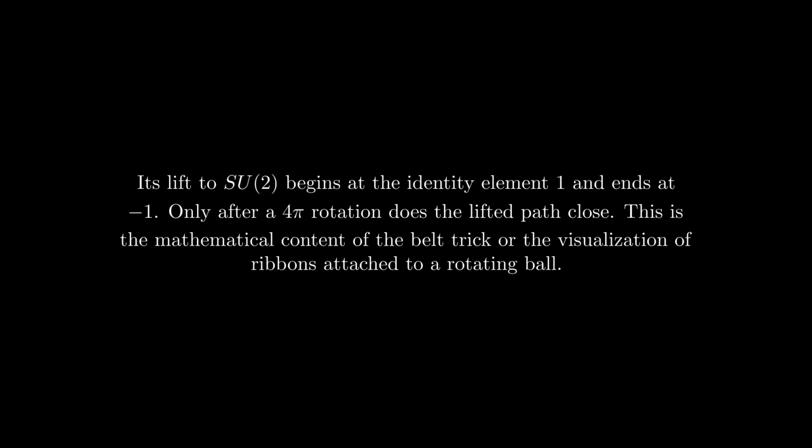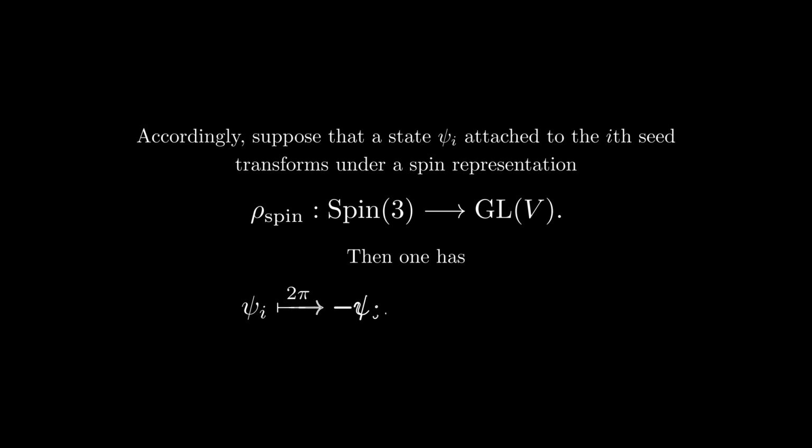So we're just looking at spinors here, and a nice visual is the belt trick or the ribbons attached to a rotating ball visualization there. So if we think of the state attached to the ith seed transforming under spin representation, then we can have these maps respectively.